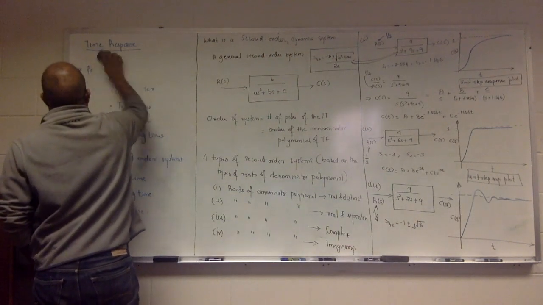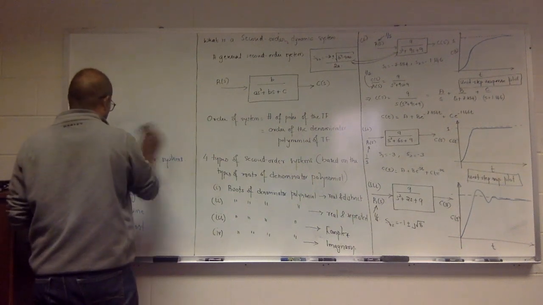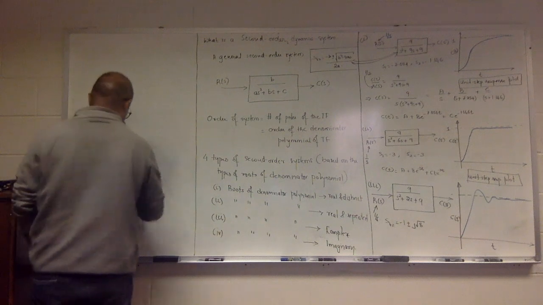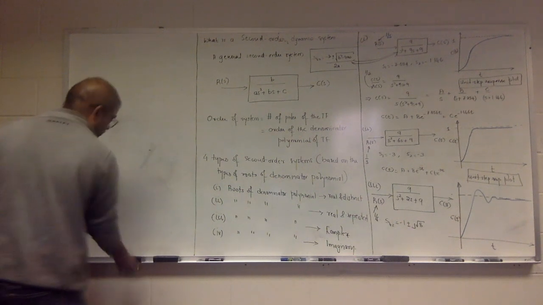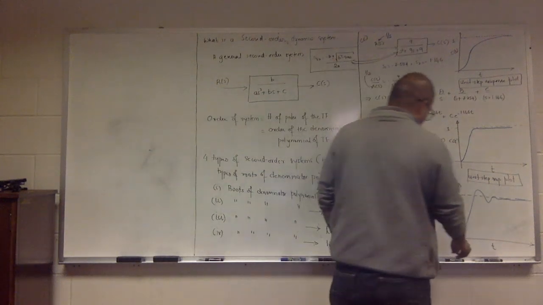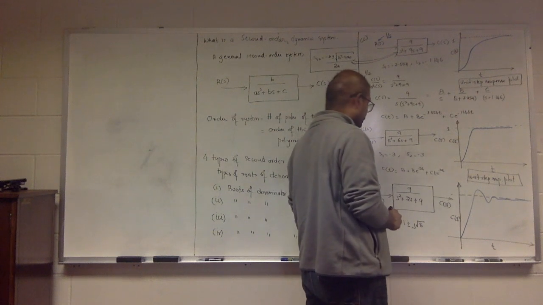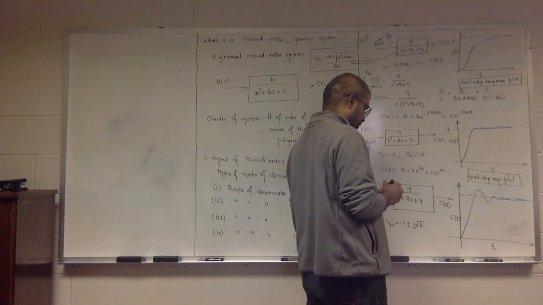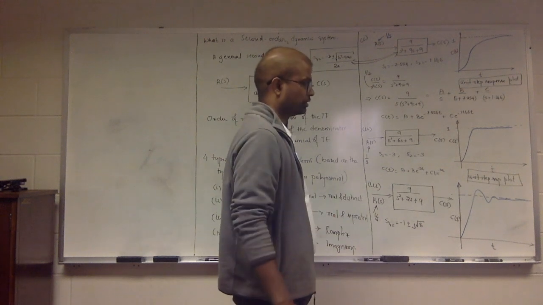And we'll end with this last one. We'll do a discussion. Will R of S always be 1 over S? It will not always be, but we are analyzing the system for a unit step input. It's one of the easiest responses to analyze.